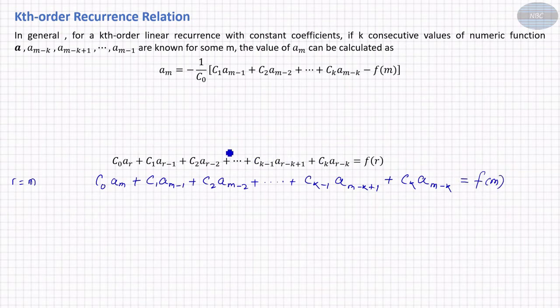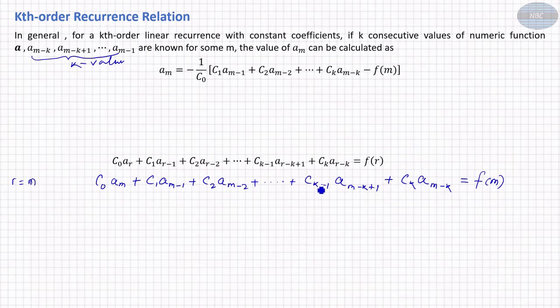Okay, so in this particular relation there are a total of k known values, starting from a_{m-k}, then a_{m-k+1}, up to a_{m-1}.